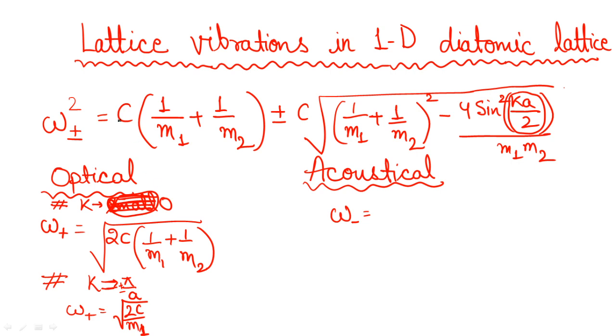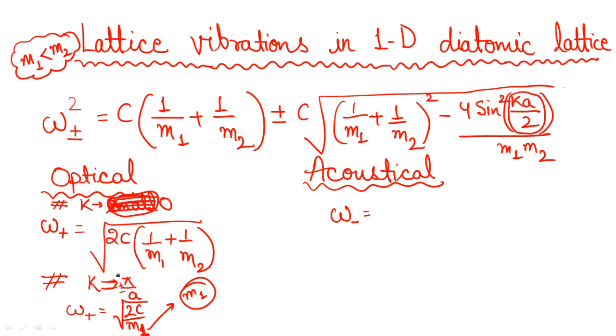Here I would like to tell you one point: the mass M1 we are considering is less than the mass M2. There are two atoms, and the mass of one atom, M1, is less than the other one, M2. That condition we have considered, and in the omega positive formula I have written M1. So in the optical branch, the value of omega depends on the smaller, lighter atom mass, that is M1. So it is basically root 2C upon M1 at the Brillouin zone boundaries.